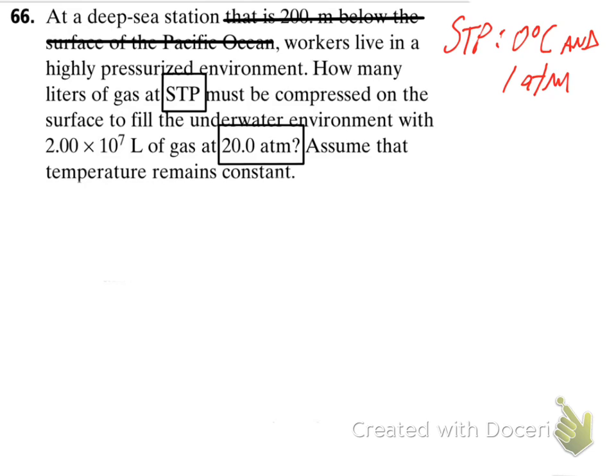And then, of course, the other important piece of information, something that we don't want to eliminate here, is it says, assume that the temperature remains constant. Now, I told you to look out for things like that because they're important. And it's important in this regard. It's telling us the temperature is not important. Okay, so we're going to use Boyle's Law.